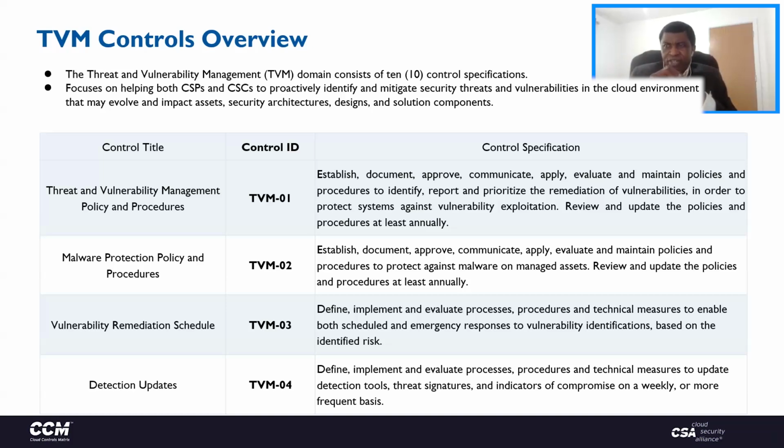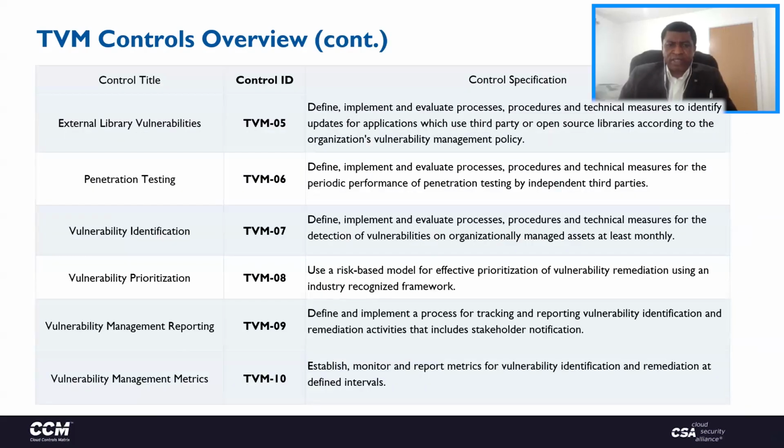Firstly, and vitally important, is governance. We need to ensure that there is robust and adequate threat and vulnerability management policy and procedure in place, also including malware protection policy and procedure. And again, looking at this slide, looking at the controls TVM 05 to TVM 10, the key message here is threats and vulnerabilities must be proactively identified on an ongoing basis via your vulnerability scanning and penetration testing of cloud assets.